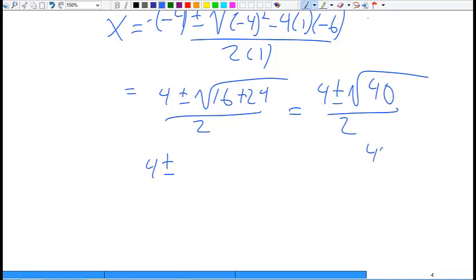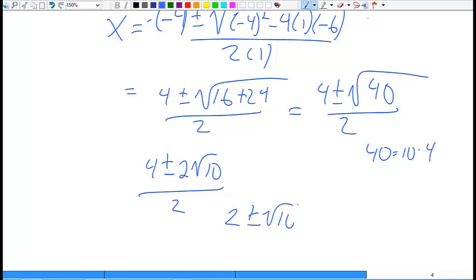Okay, so 40 is 10 times 4. And I can break, so square root of 40 would be 2 square root of 10 over 2. And then I want to divide everything by 2. So that would be 2 plus or minus the square root of 10, which works out to be our answer. So there you go.